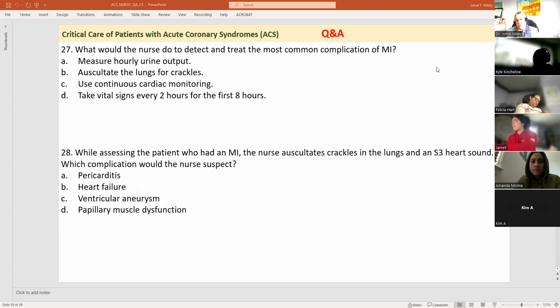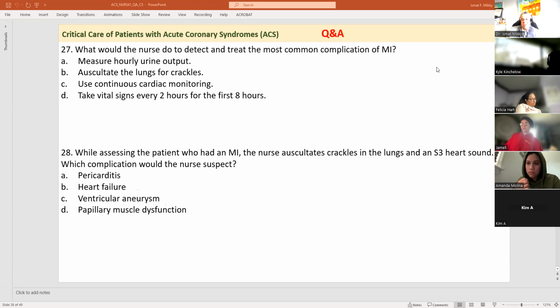Initially, the patient will present with manifestations like mild dyspnea, restlessness, pulmonary congestion, and crackles, and may become agitated and apprehensive. You will also hear S3 and S4 heart sounds.